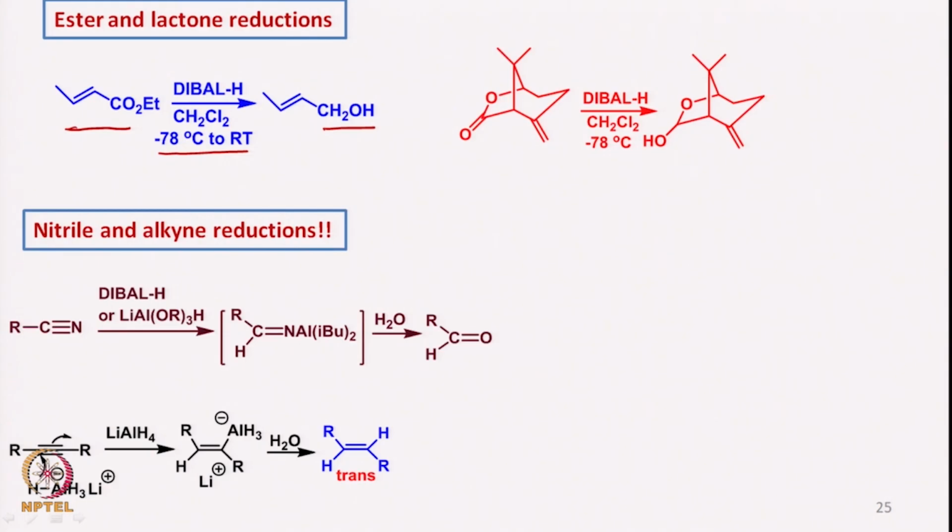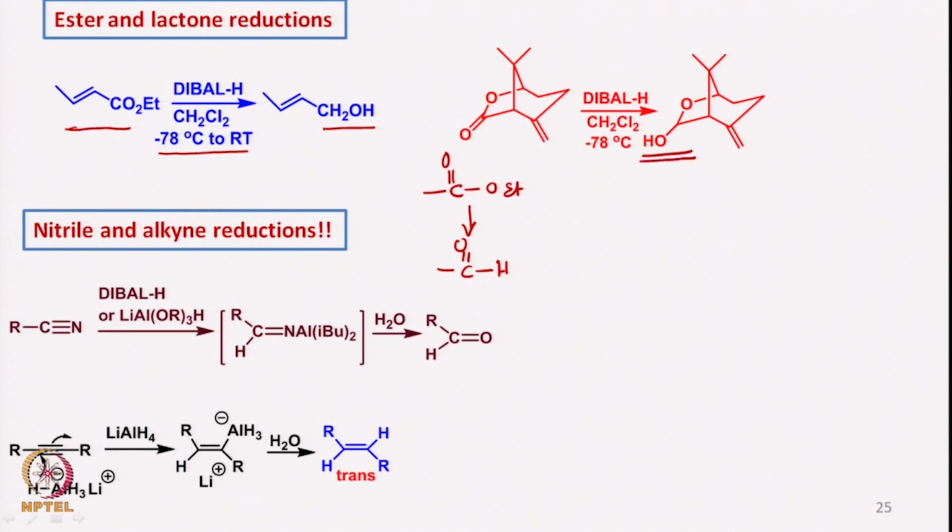In the case of lactone, since we are in a position to stop the reaction of an ester at the corresponding aldehyde, it also means that we can stop the reaction of a lactone at the corresponding lactol.